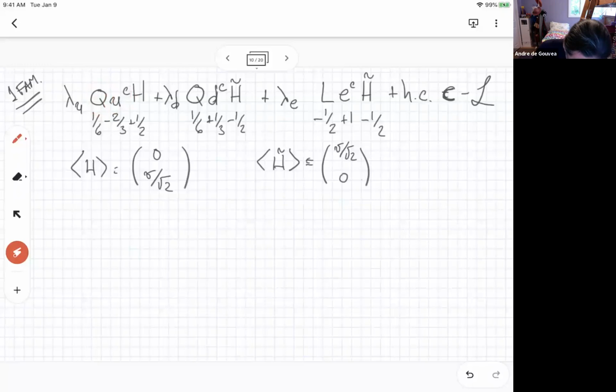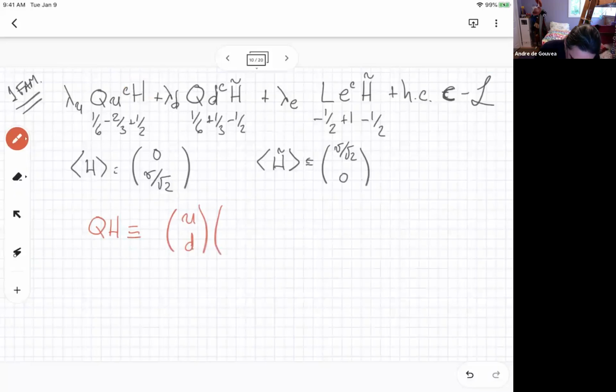Now there's another SU(2) here just to make life more exciting, which is the fact that Q is an SU(2) doublet of weak isospin, and H is also a doublet of weak isospin. Those are also dotted in a way that forms a singlet. So for example, when I write QH, remember, the Q looks like (u, d). The H looks like (H+, H0).